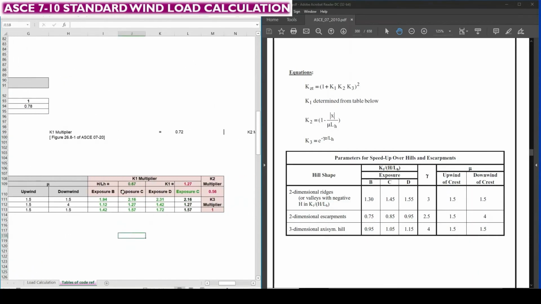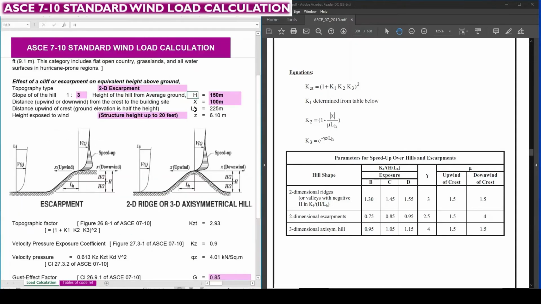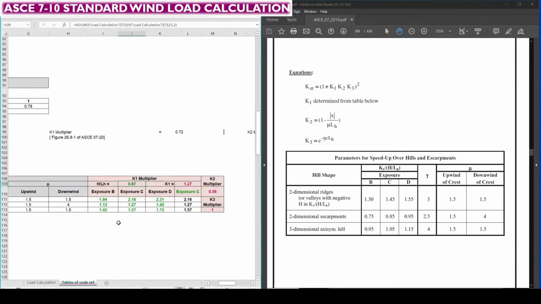And here, based upon H divided by LH, we have the H and LH. The K1 factor is arrived for exposure category B, C and D by applying this formula in the PDF file.